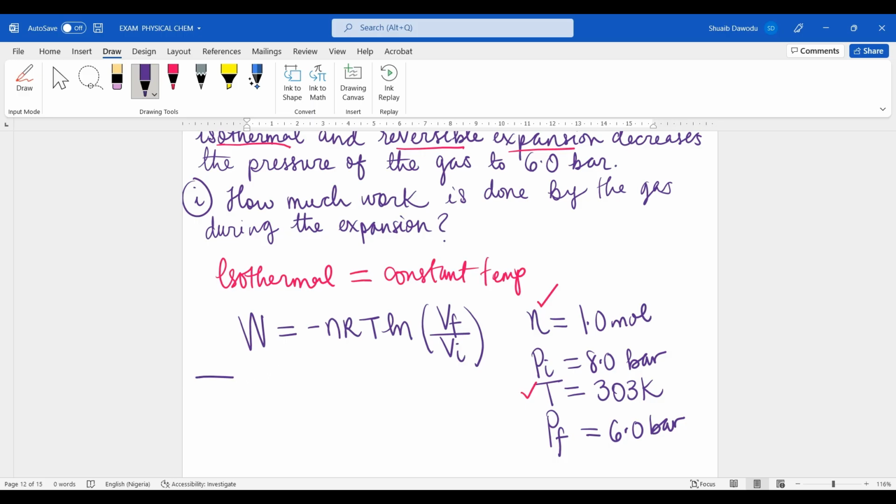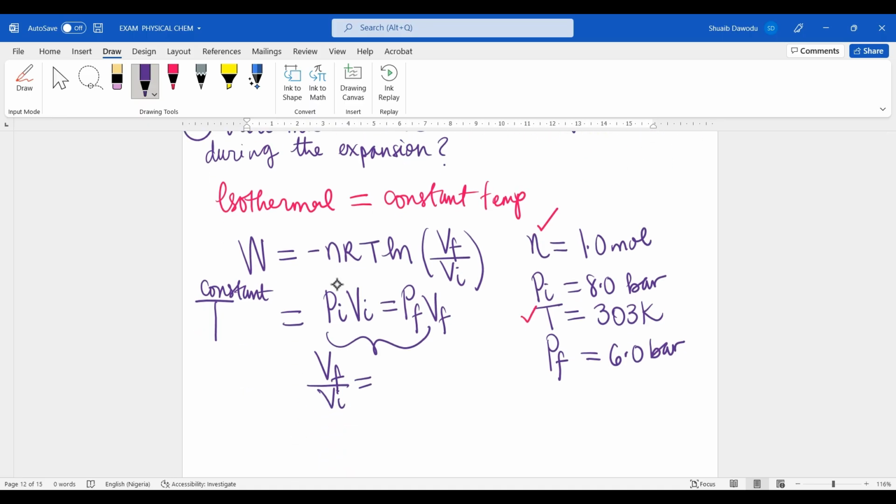that at constant temperature, we have a situation where P initial V initial is equal to P final V final. So if we want to keep this new equation in terms of V final, we end up with V final divided by V initial is equal to P initial divided by P final.